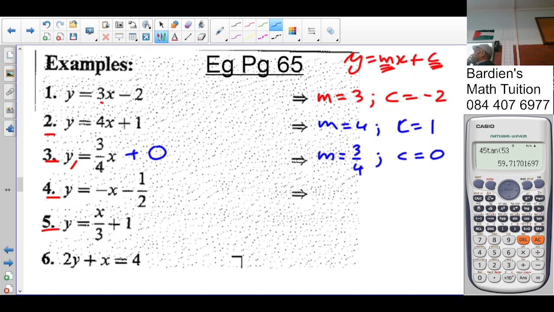Because if I draw this graph, it's not going to have no y-intercept, it's going to have a y-intercept of 0. Okay. Number 4, the gradient is -1. And your c value? So that is where it's going to cut your y-intercept. Number 5.